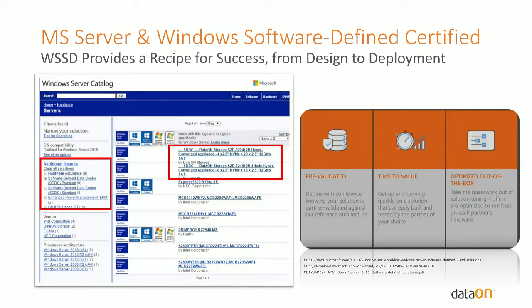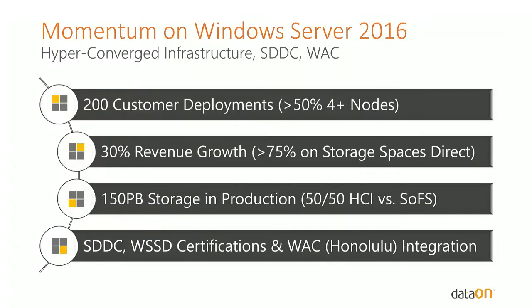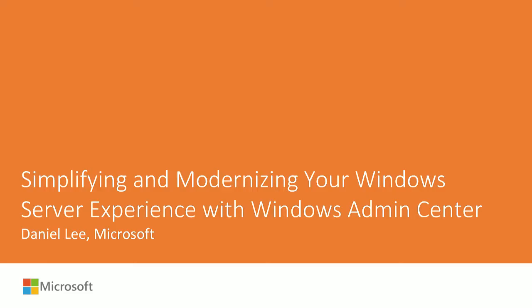In addition, we work closely with Microsoft to have our Windows software-defined turnkey solution ready for customers if they choose to deploy Windows, and DataON is here to help. You can see the momentum we're getting and all the different deployments we have on different nodes in Scale-Out File Server. It's been a very exciting time with new technology, and we want to continue that momentum.